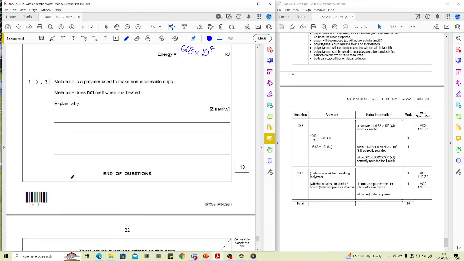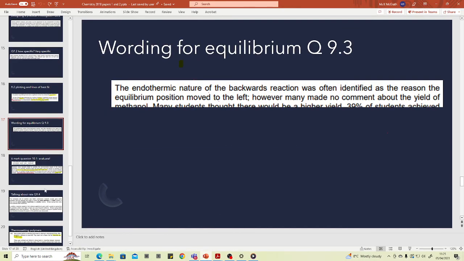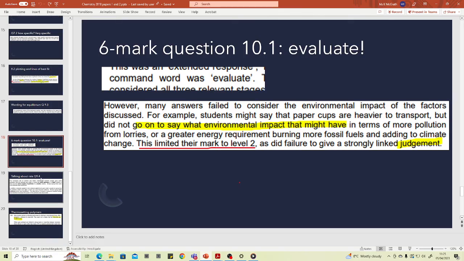Okay then, and our last question. Melamine is a polymer used to make non-disposable cups, and it does not melt when heated. Okay, so let's just use our knowledge of polymers to say that it's a thermosetting polymer. And then I just want to refer you back to the examiner report, as it says that people have got some problems. Hang on.